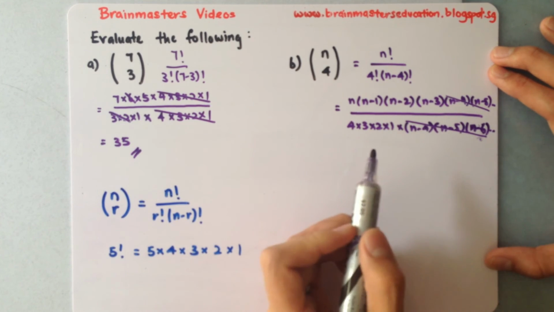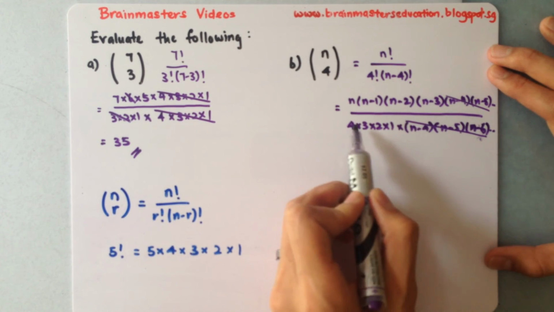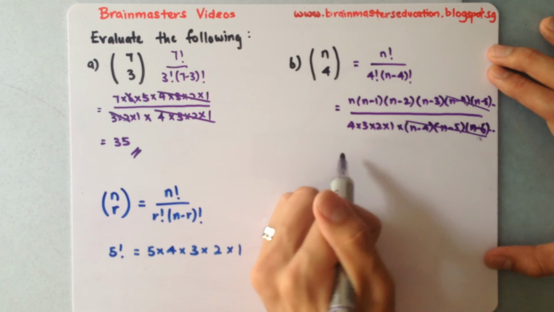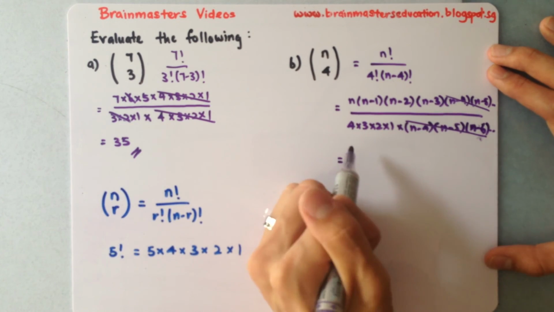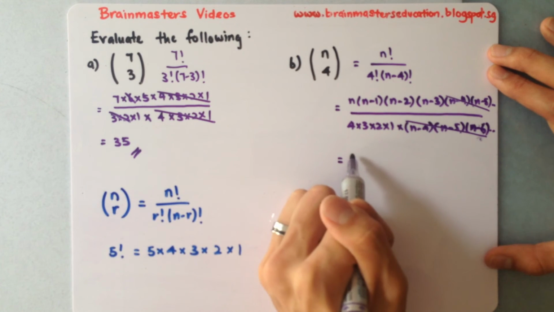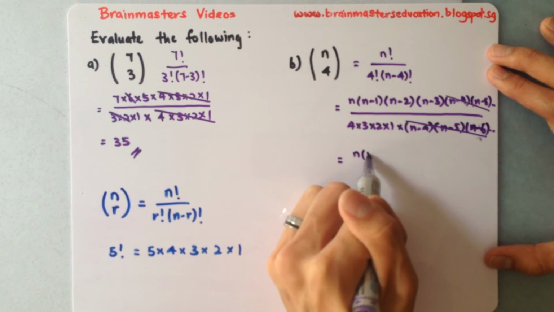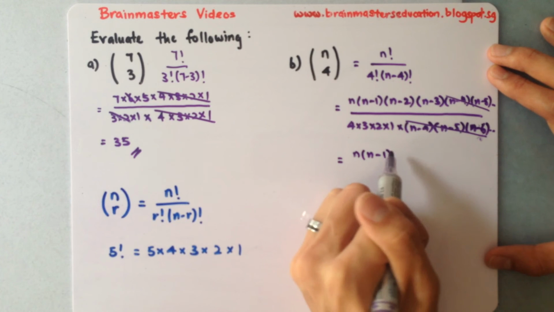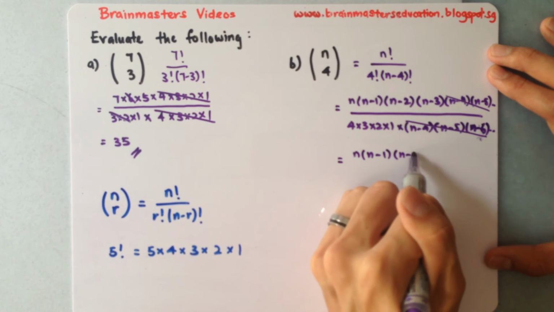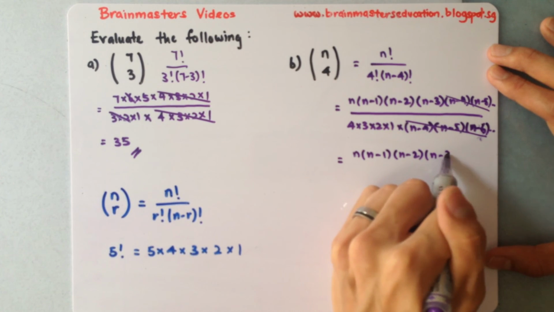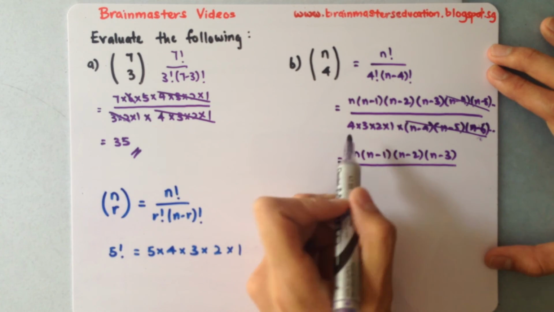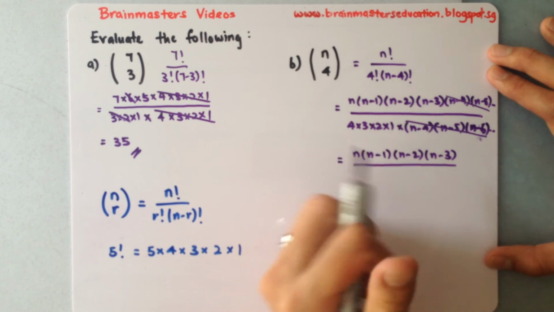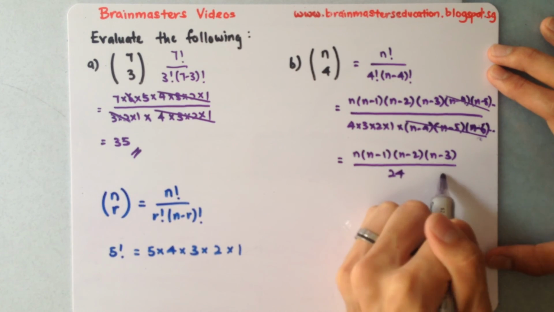So all I need to do is simplify this part. I don't want to expand because the number will be too big, in terms of power, it will be too long. So I'll leave it as it is: n multiplied by n minus 1, n minus 2, and n minus 3, over 4 times 3 is 12, 12 times 2 is 24. So this is what I have for my answer.